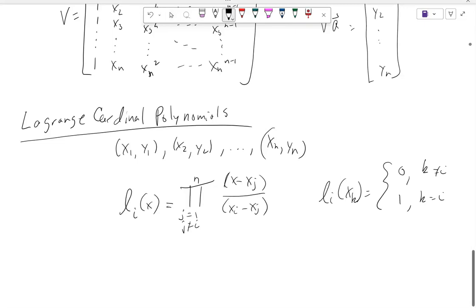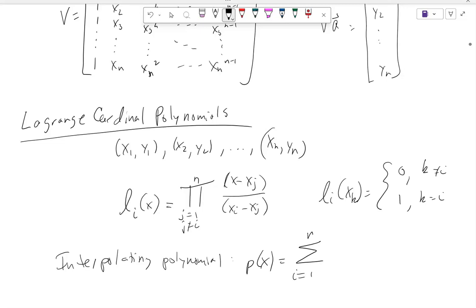So then your interpolating polynomial, I'll call it P of x, will be a sum from i equals 1 to n of y sub i times L sub i of x. You use the Lagrange cardinal polynomials to generate the larger polynomial.